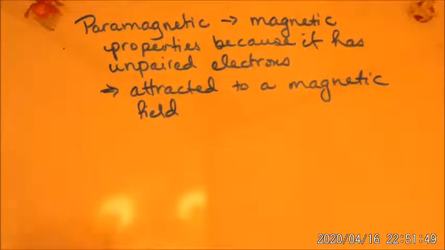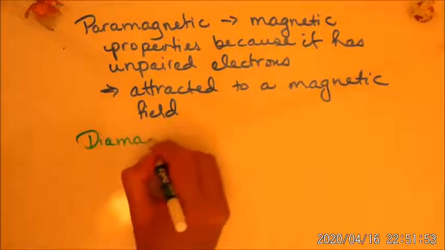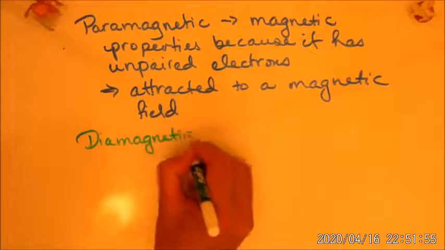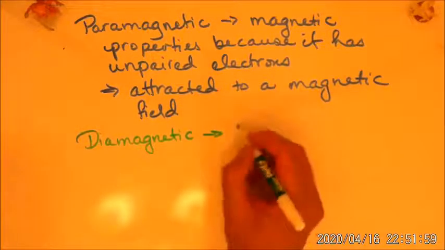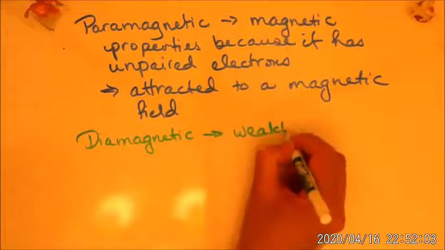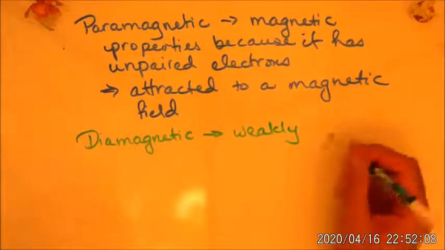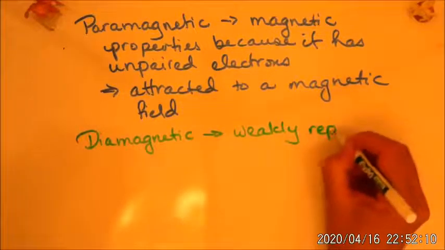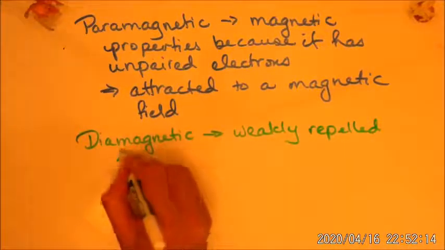Diamagnetic, you used to think it had no magnetic properties. But actually you can barely measure it. That's why we originally thought it had no magnetic properties. It's weakly repelled in a magnetic field.